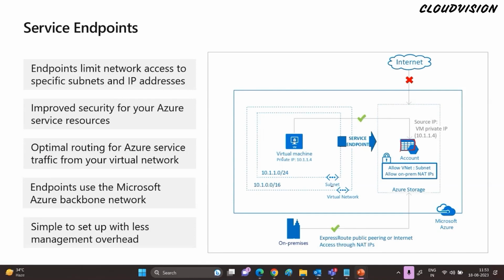That means my service will not be accessible from anywhere except the Azure network, one particular subnet of your network. That improves the security because now your service is not accessible from anywhere else. It will be allowed only from a secured network, your Azure network. So overall, the intention is that the routing can be allowed through the Microsoft backbone.